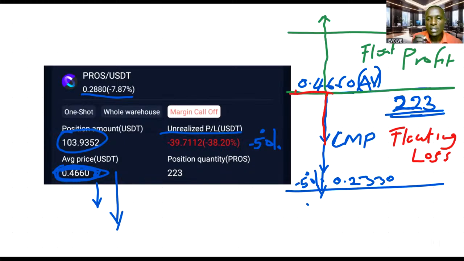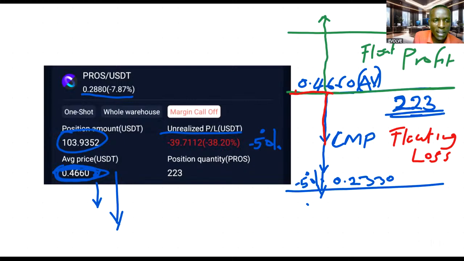Now, this makes your job simple. To find a strategy, whenever you are in the market, work hard, do whatever you can to ensure, number one, you reduce or you keep your average price not to be far from the current market price.